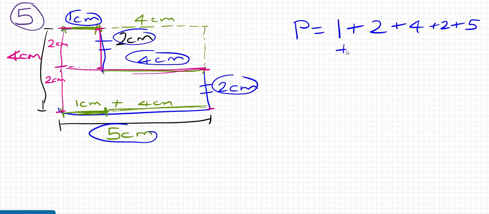So I just squeeze it here, plus this 4 as well. And they are all my side lengths. So add all of these up. So 1 plus 2 is 3, 3 plus 4 is 7, 7 plus 2 is 9, 9 plus 5 is 14, and 14 plus 4 is 18. And our units are all in centimeters. So the perimeter for this L shape is 18 centimeters.